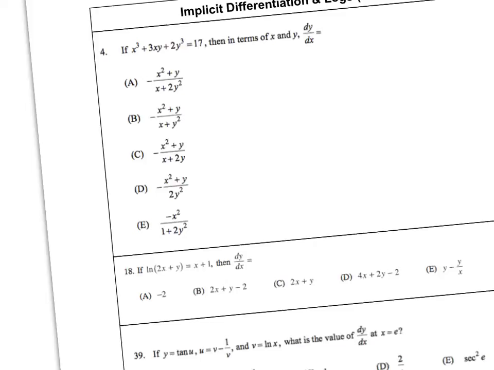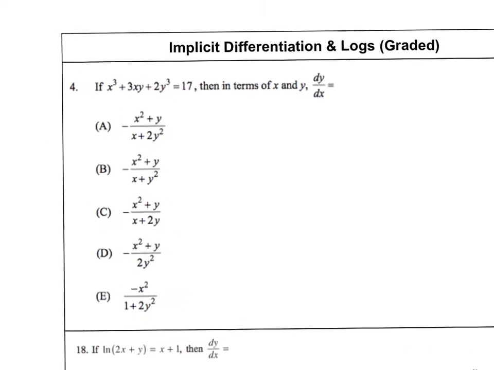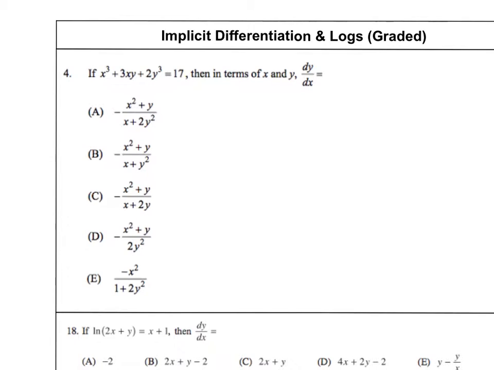Next up, we've got some implicit differentiation and logs. And as far as the implicit differentiation stuff, pretty predictably, you're going to see a question like this in some form, either directly like this or one that you might have to plug some stuff into. There are a couple things to keep track of. The first is that we know there's going to be a product rule because we like testing you and making you worry about that, and that's always going to be there.